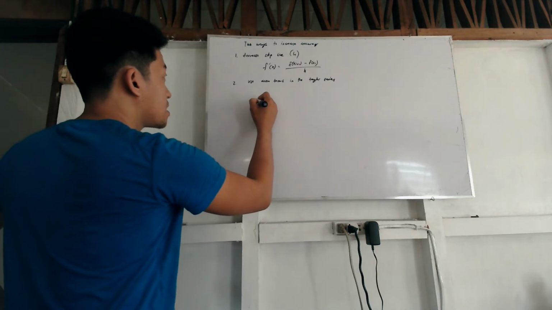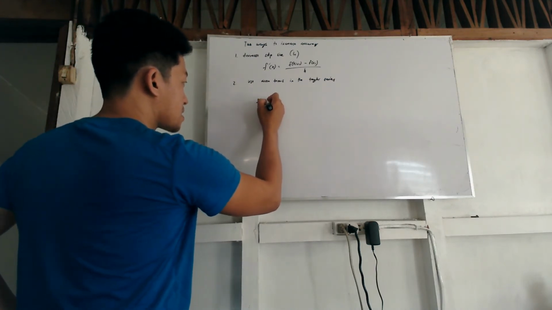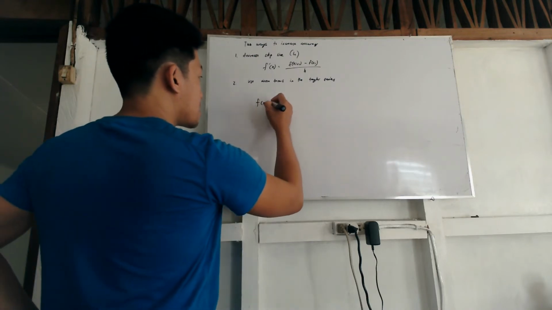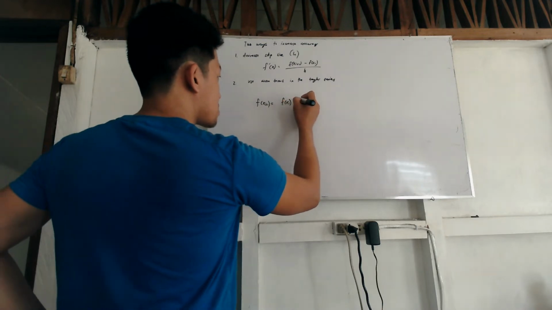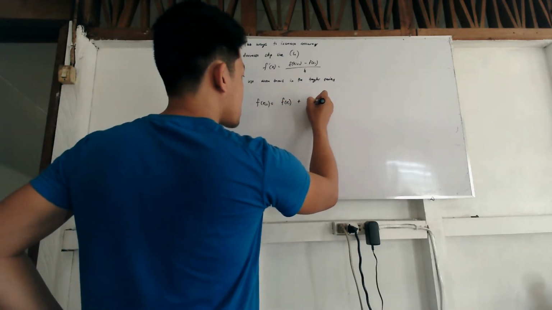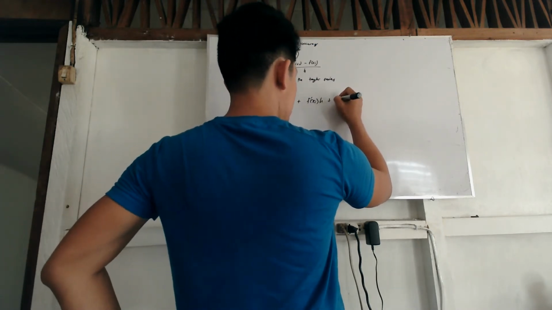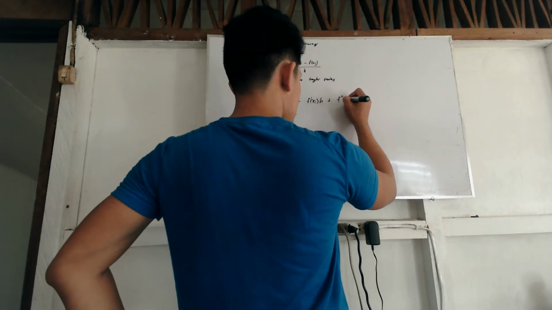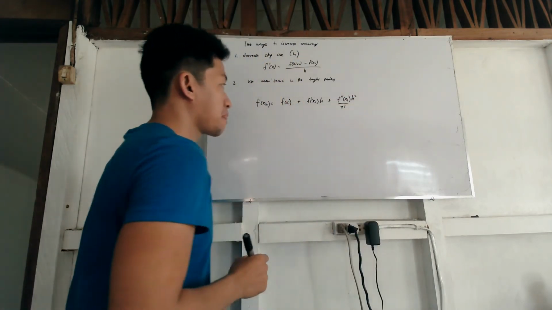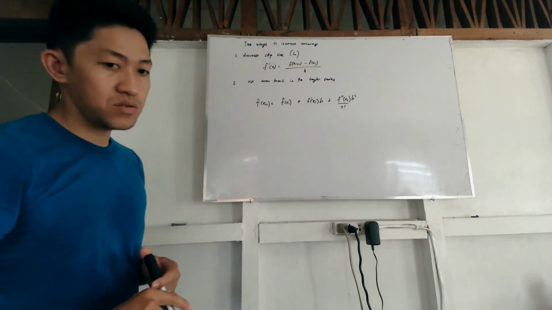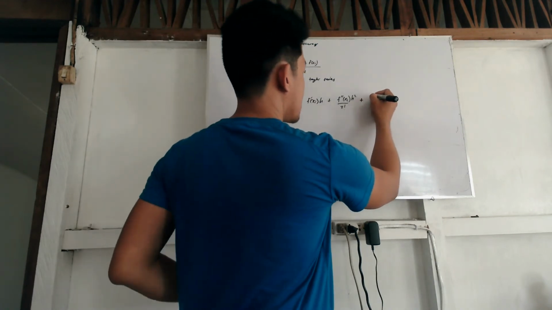So, first, for a forward difference, it is equal to this equation plus f double prime.